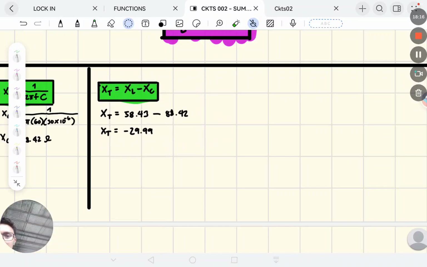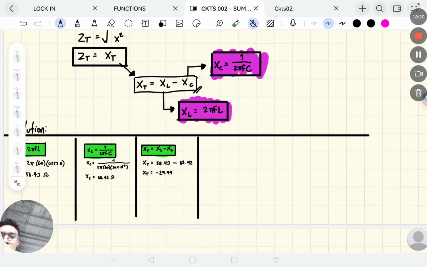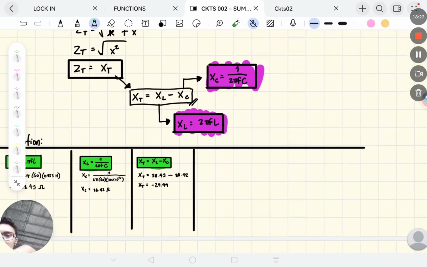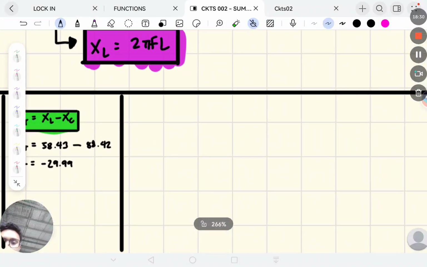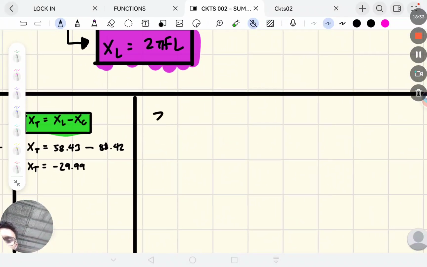Okay. That's our total reactance. Okay, so we are done with this. Proceed tayo kay impedance. Finding the impedance. Impedance is total resistance technically for AC.